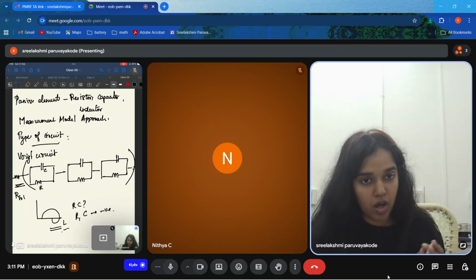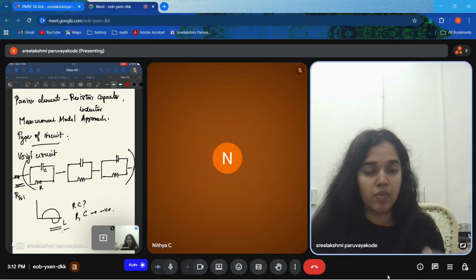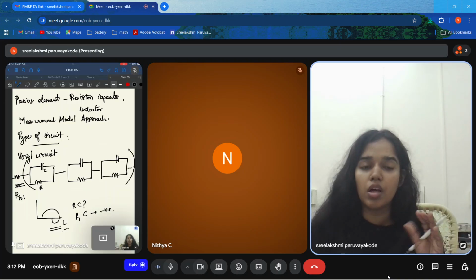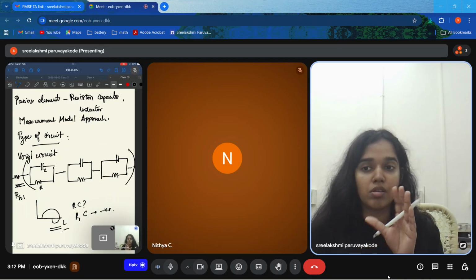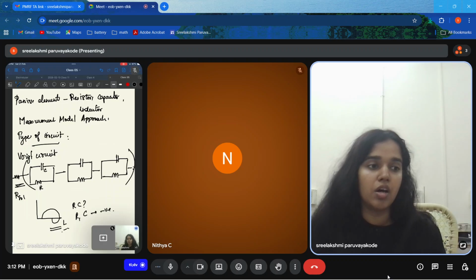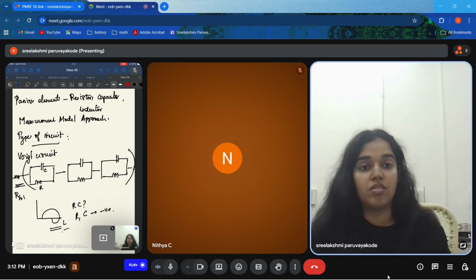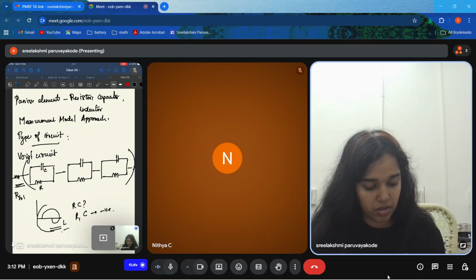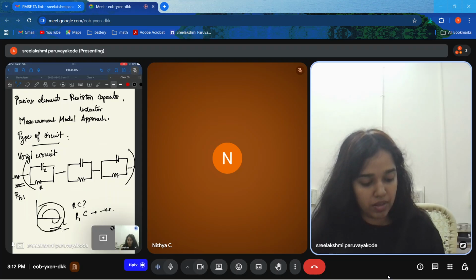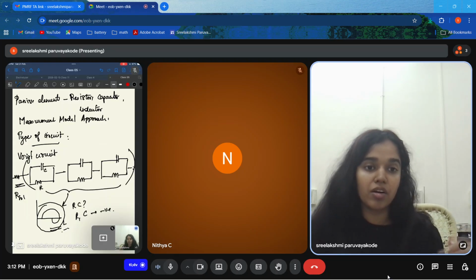So now we have some circuit. We will be trying to fit it using capacitor, inductor, or resistor together and try to improve the fit. But how many such circuit elements do we need? For example, I have something like this. Imagine how many such elements do I need in order to fit this? I cannot keep on adding.